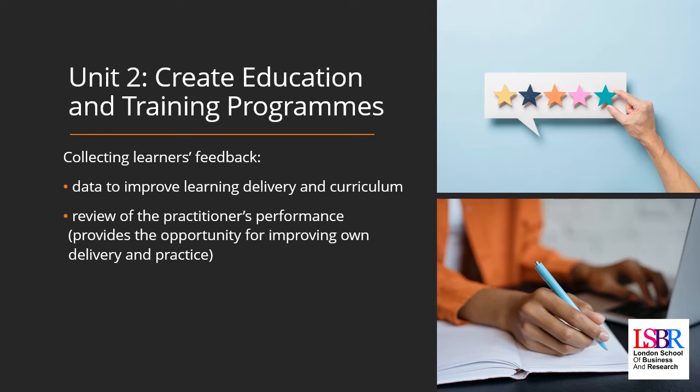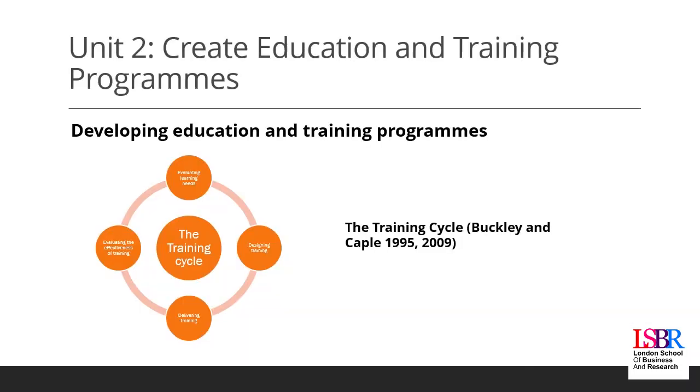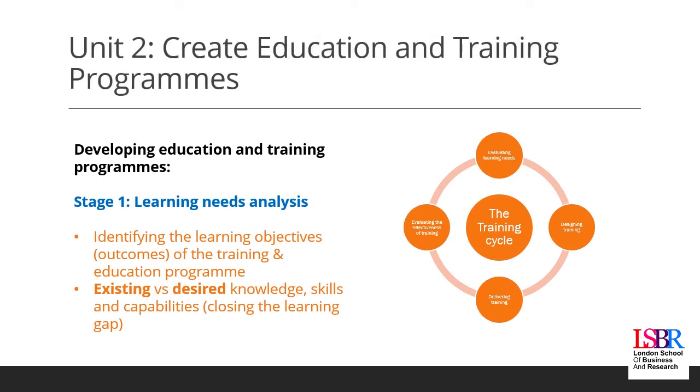Okay. Now, we are going to go through the training cycle, and we are going to go through the individual stages. There are 4 stages in total, which will serve as a guideline to you when you are creating your first education and training program. You always start at stage 1, which is identifying the learning needs of, for instance, the organization or the actual team or the learner, if you are going to be delivering one-on-one individual sessions. This is always the very first stage.